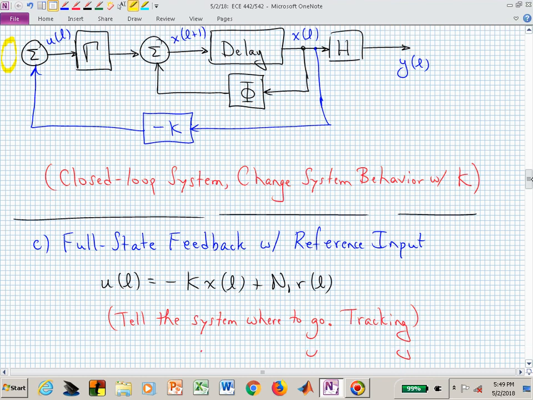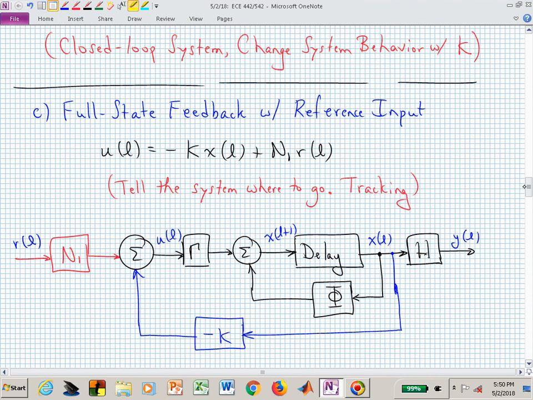If we put that now into this block diagram, I've tried to color code it a little bit. Not only do we say behave with K, but now we say here's where you can go. If we want to command the system to go to 10, then we want to select n sub 1 in such a way that the transfer function from the input r all the way over to y has what kind of property?